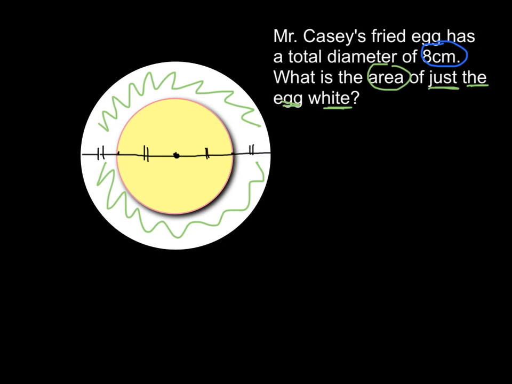These little marks in here, you can see in each section of the diameter show that the lengths are equal the whole way across. So if the lengths are equal the whole way across, we know a total diameter is 8 centimeters. Total diameter equals 8 centimeters.